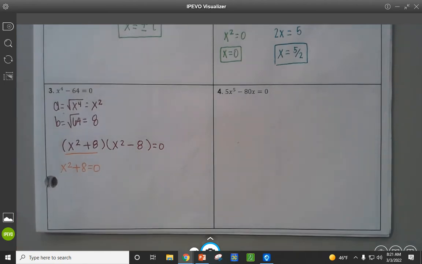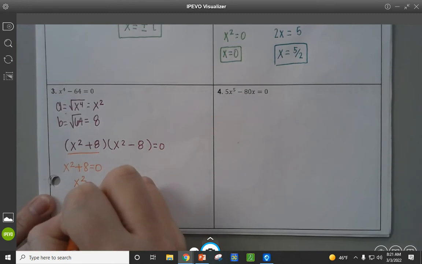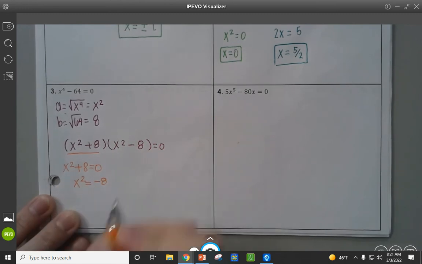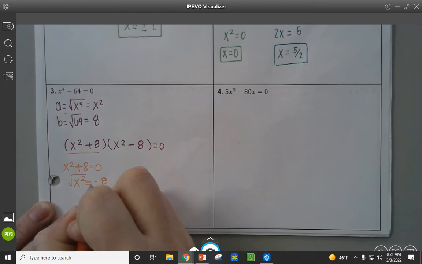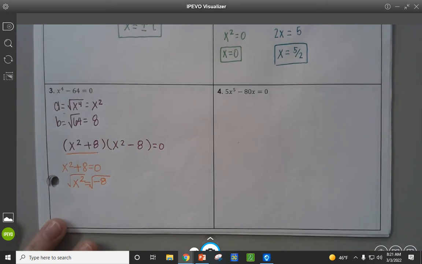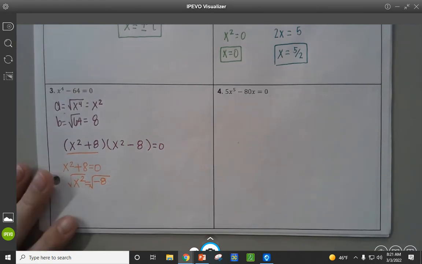X squared plus 8 equals 0. And if we subtract 8, we get x squared equals negative 8. And then we take the square root. Since 8 is not a perfect square, this is where we're going to have to break that apart like we did in Unit 5.